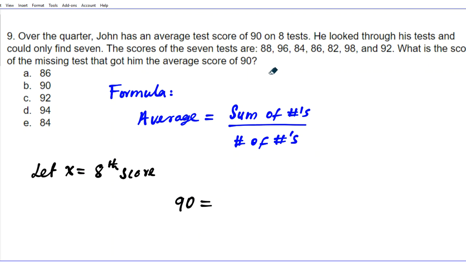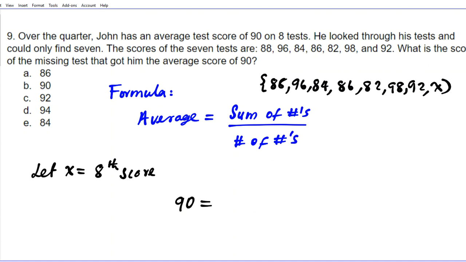We have a set 88, 96, 84, 86, 82, 98, 92. So 1, 2, 3, 4, 5, 6, 7. And there's a missing score x. We don't know what that is, but we know that when we average this, the average is 90.